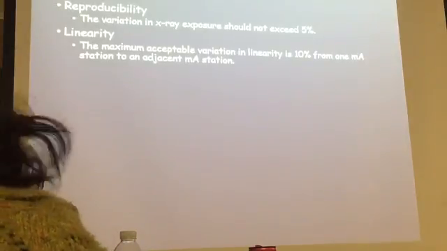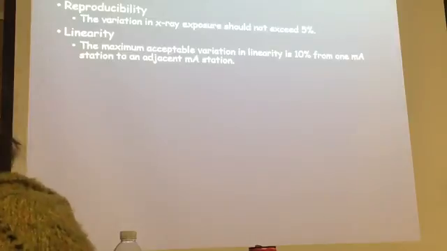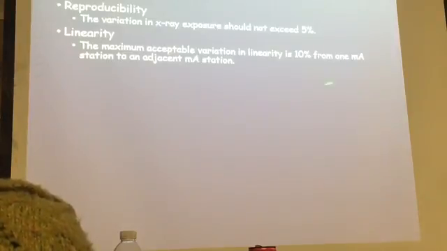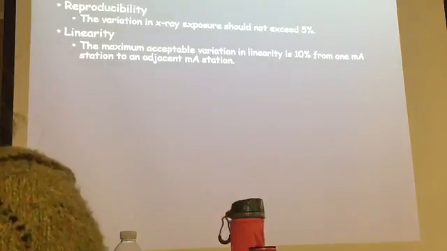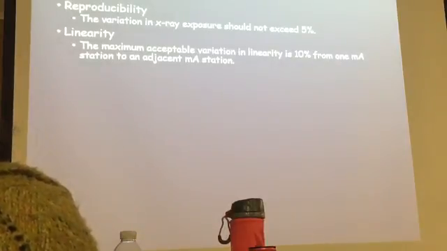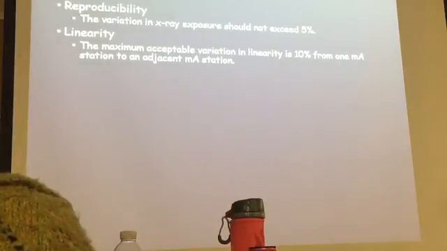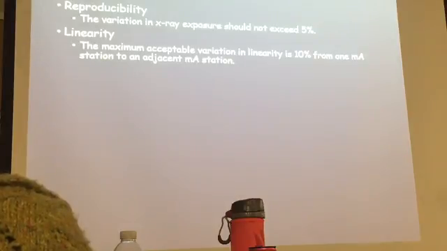A lot of times they can fix it, but many times they cannot, especially with older tubes, so they just replace it. If it's not replaced, the physicist will come back, say, in a month and test it again. If it's not fixed, he'll report back to the manager, and it's up to them to fix it. Otherwise, the report goes to the state, and the state will shut them down.